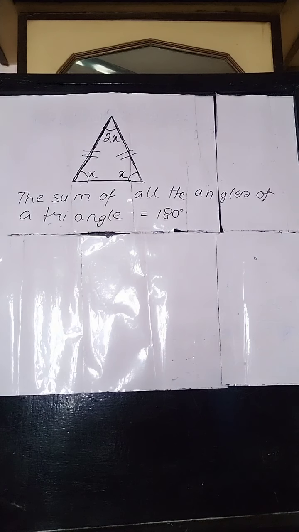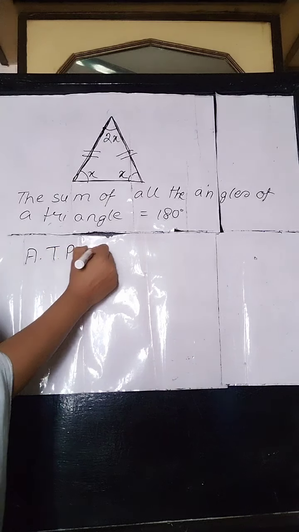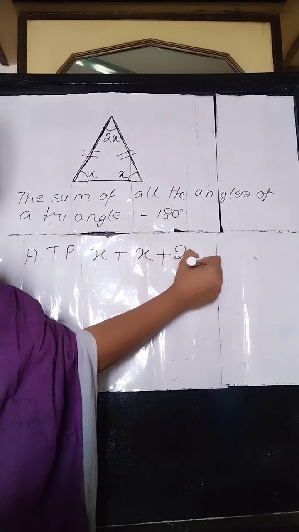According to the problem, like the one we have done previously, you will write x plus x plus 2x equals 180 degree.